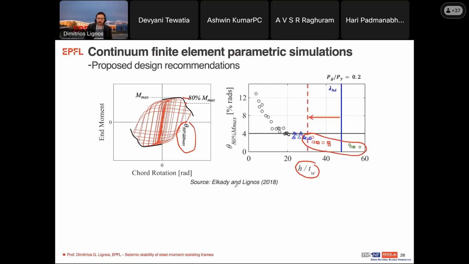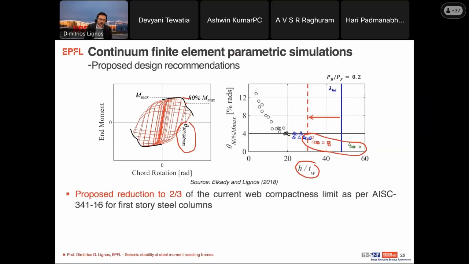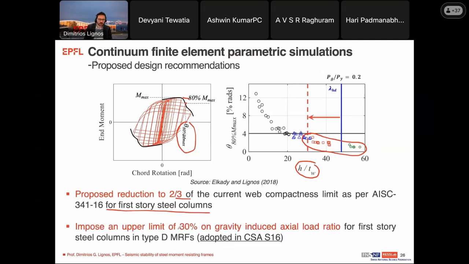To address this problem, we propose to reduce the current slenderness requirement according to the American provisions by about 2/3 for the web compactness, but only for first-story steel columns, where we anticipate a dissipative zone near the fixed end. Another way to address this problem would be to impose an upper limit of 30% on the gravity-induced axial load ratio, not the overturning, but the gravity, for a first-story steel column.